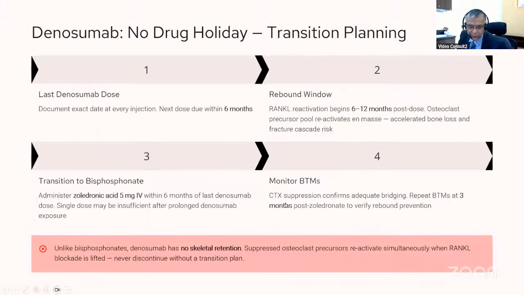So you should keep concentrating on the resorption marker, whether resorption is increased. Repeat at the end of 3 months post-zoledronate to find whether rebound prevention has occurred or not. Unlike bisphosphonates, skeletal retention does not occur with denosumab, and the suppressed osteoclast precursors reactivate simultaneously when the RANK blockade is lifted. So never discontinue without a transition plan.